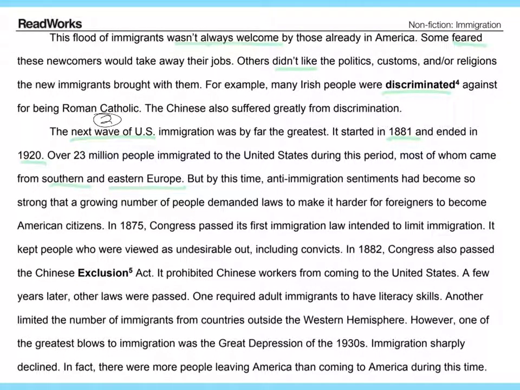But at this time, we have people demanding laws to make it harder. So some examples of that: we have a law intended to limit, we have laws that require literacy skills, we have the Chinese Exclusion Act, and we have limiting numbers from areas.